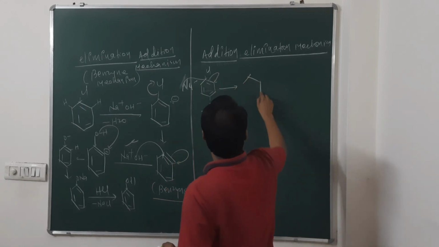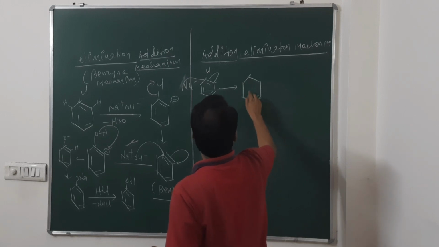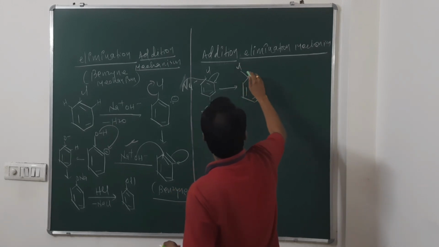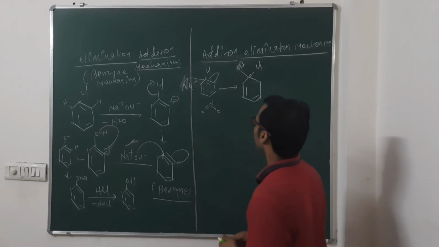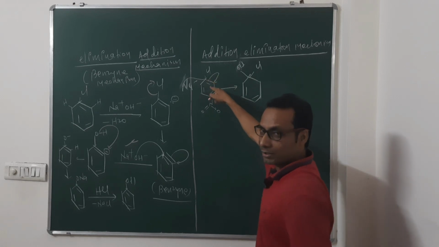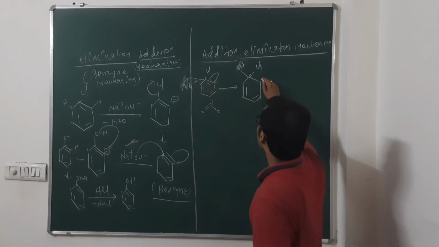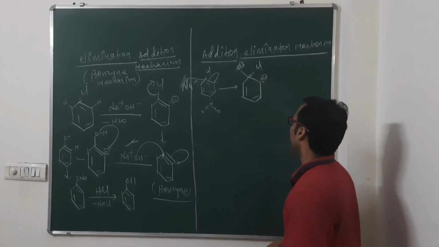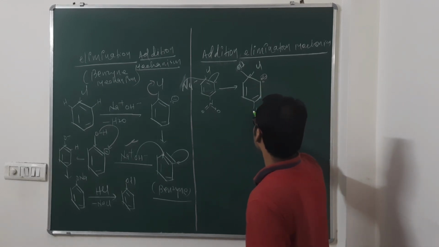So what happened? Here is the chlorine, and here is the OH group, and here is the chlorine there, right? Now, since the bond is turned towards this side, what will come here? Students, the negative charge will come, and now here is the N. So what happened?